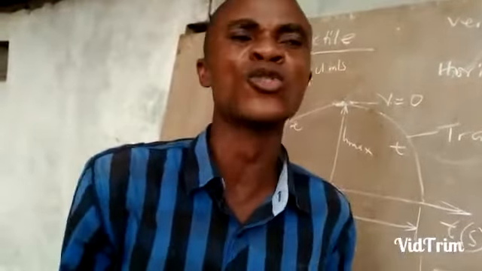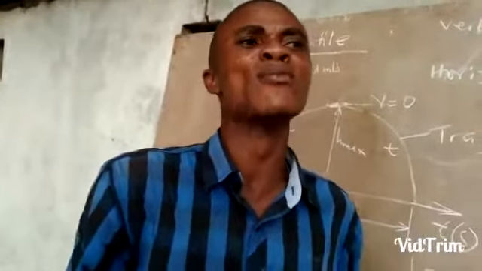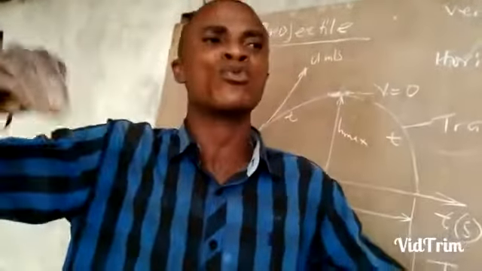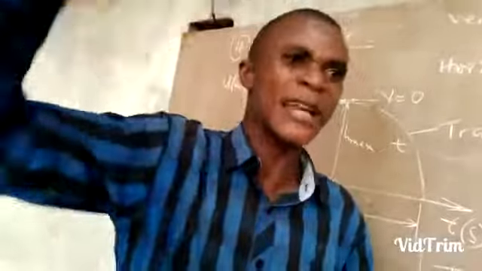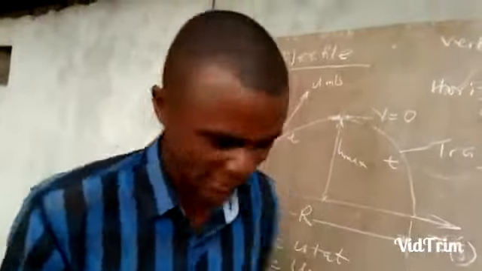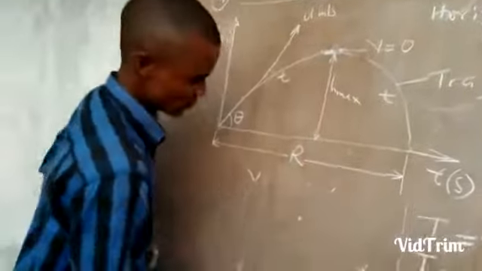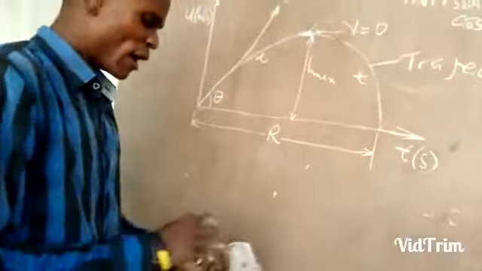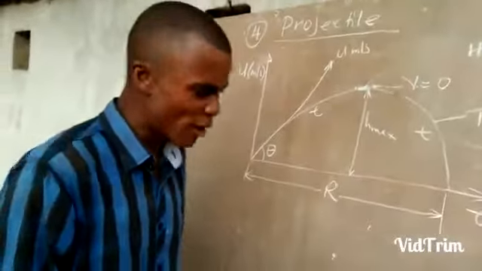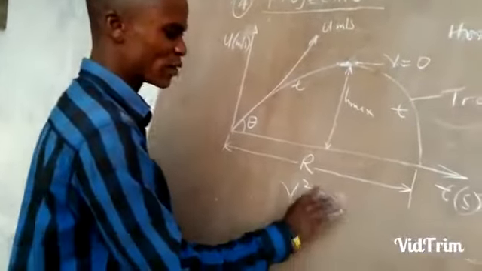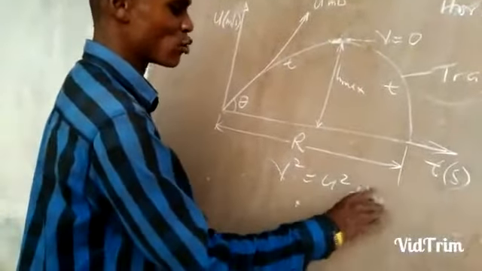Let us now go to how you can get the maximum height. What will be the formula for the highest height attained when you throw an object at an angle? We recall the equation v square equals u square plus 2as.